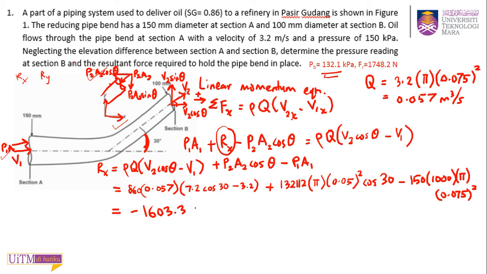Apa unit dia? Lupa unit. Ni apa ni? Newton. You find the force, kan, resultant force. Okay, this is force in x direction lah. Okay, why is negative? Apa masalah negatif? So what does this tell you?